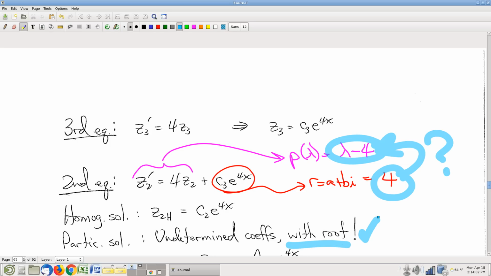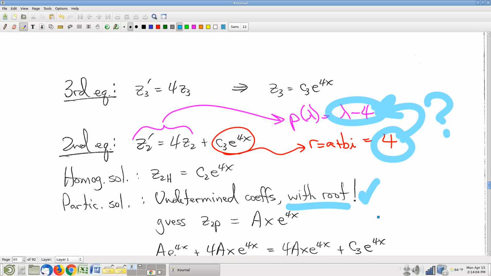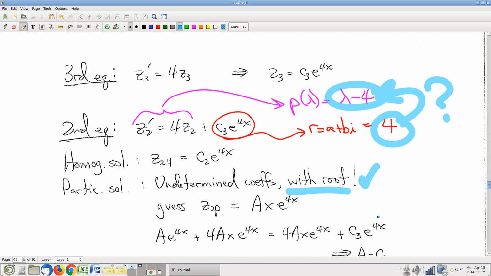So, because we have this unfortunate coincidence, we take our naive guess. Now, of course, looking at that form, you would sort of naively guess that, just a multiple of e to the 4x. But because of our unfortunate coincidence, we've got to add in this extra factor of x. Yeah?